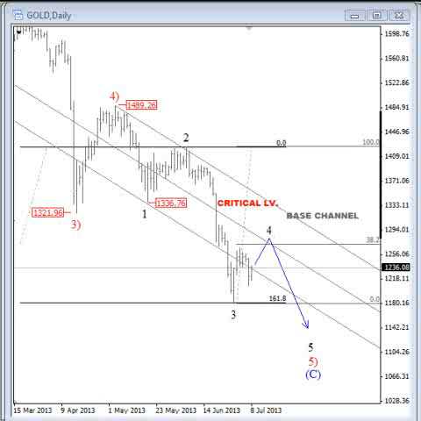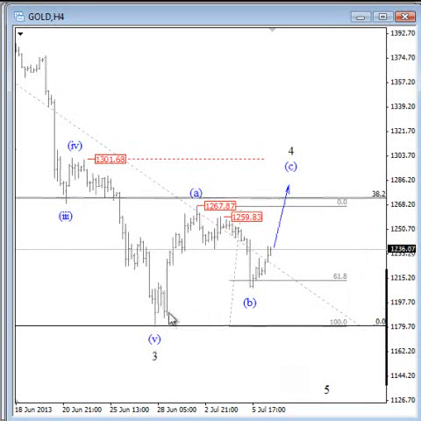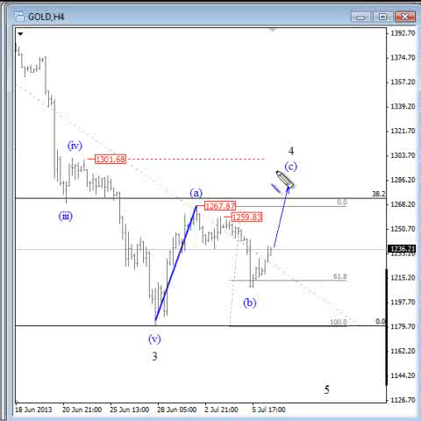So if we take a look now at the 4-hour chart, I can see here a nice impulsive rally from the lows. So I think this represents the first leg of these 3 legs up, and now notice that this was clearly 3 waves of a pullback from the top.